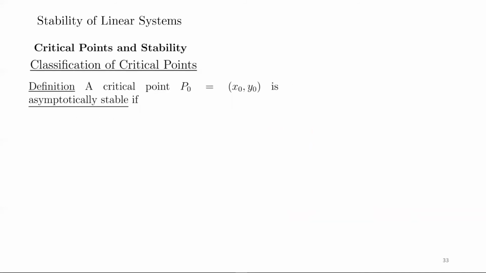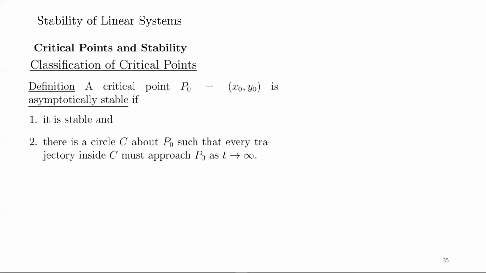Right, so we have another classification here. A critical point P0 is asymptotically stable if it is stable, so we always stay close to the critical point, and also there is a circle about P0 such that every trajectory inside this circle approaches the critical point as t goes to infinity.